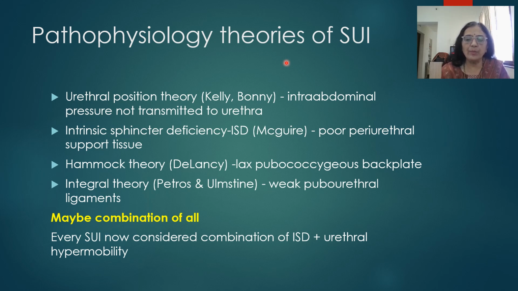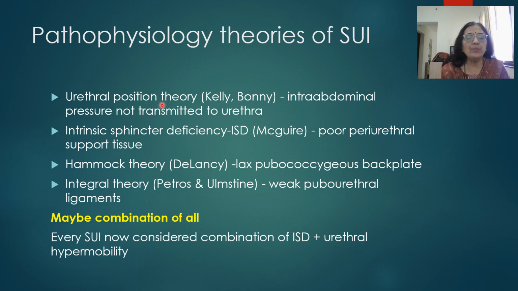Where you can say the problem can be in the urethra itself or in the surrounding support of the urethra, or there can be more of an exaggeration of the abdominal pressure. But if you get a theory question on pathophysiology of SUI, then you need to give in detail these various theories which I am going to explain.